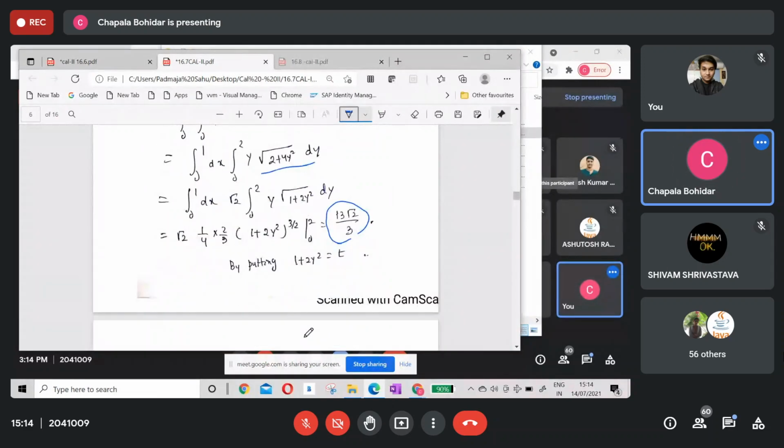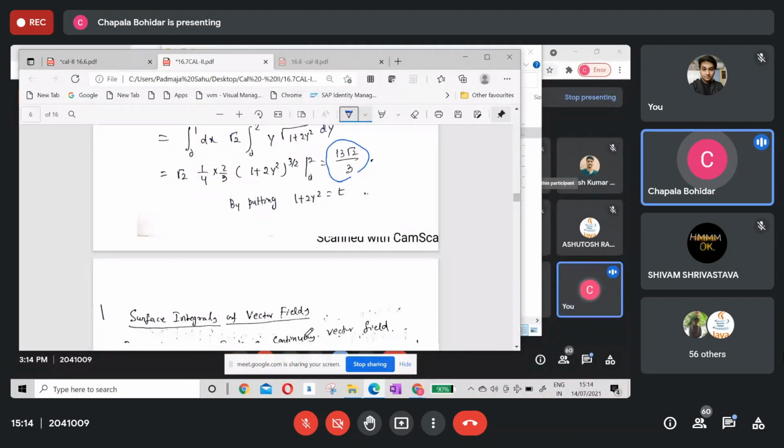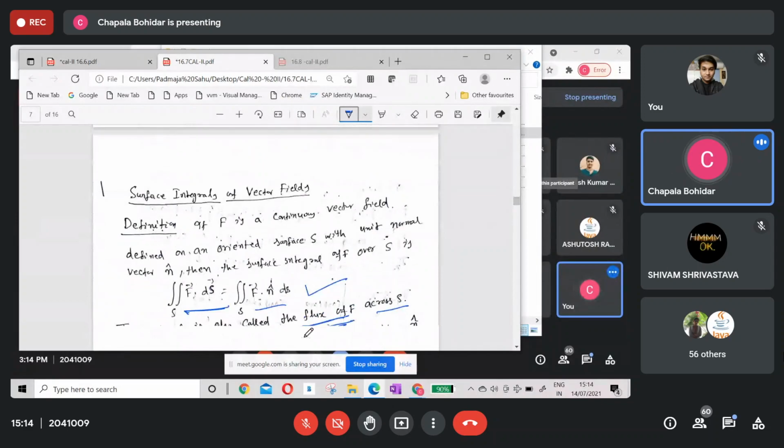Okay. So this is the surface integral of a vector field. You know scalar field, vector field, that is a vector field. This is also known.